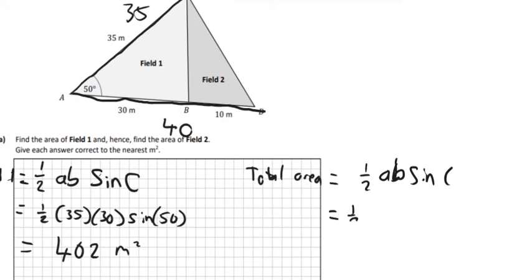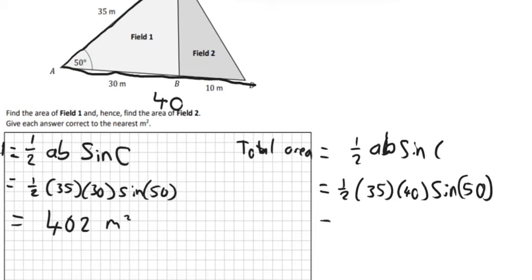So a half times 35 times 40 times sine of 50, and that's equal to 536, rounded off. And that's meters squared as well.